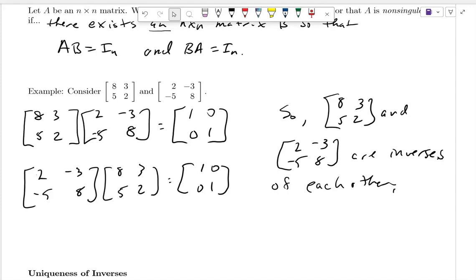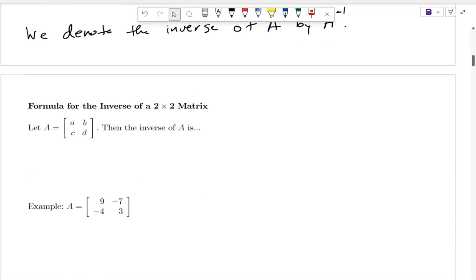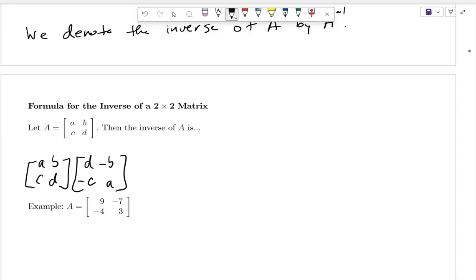Let's see what happens if we have that in general. Let's say I have A, B, C, D. I swap the ones that are on the main diagonal and then negate the ones that are on the off diagonal. What do you get when you multiply those two things together? What do you get in the first entry? You get AD minus BC in that upper left.